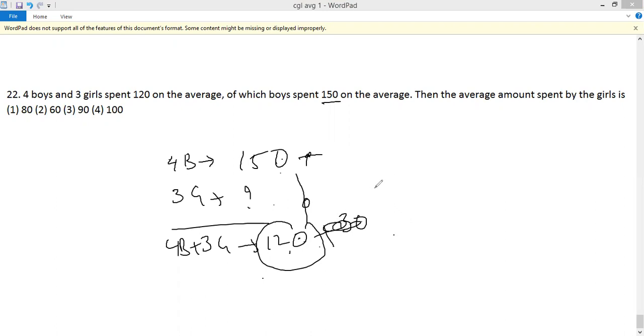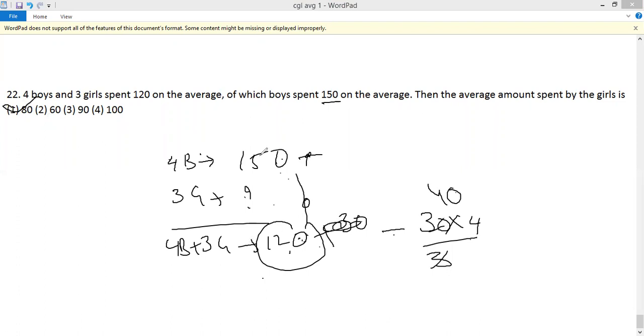It must be 120 minus how many? 30 into 4 divided by 3, so 40. 120 minus 40 is 80.